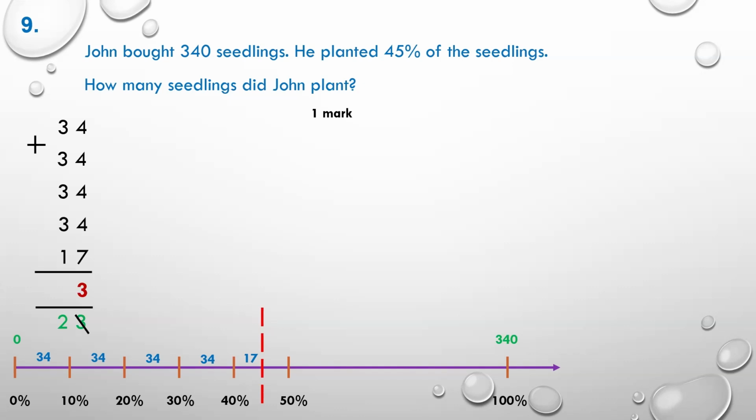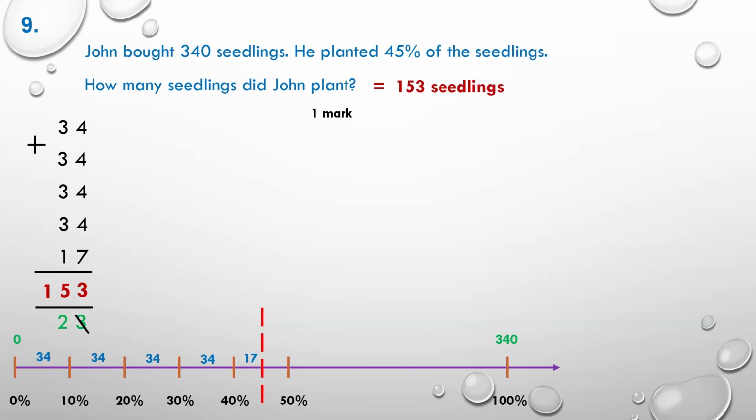And let's look at the next column. We have 3 and 3 is 6, and 3 is 9, and 3 is 12, and 1 is 13. And don't forget there are 2 more down below. So that will mean that's 15. 5 and a 1. So we've finished. John planted 45% of the seedlings, which is 153 seedlings.